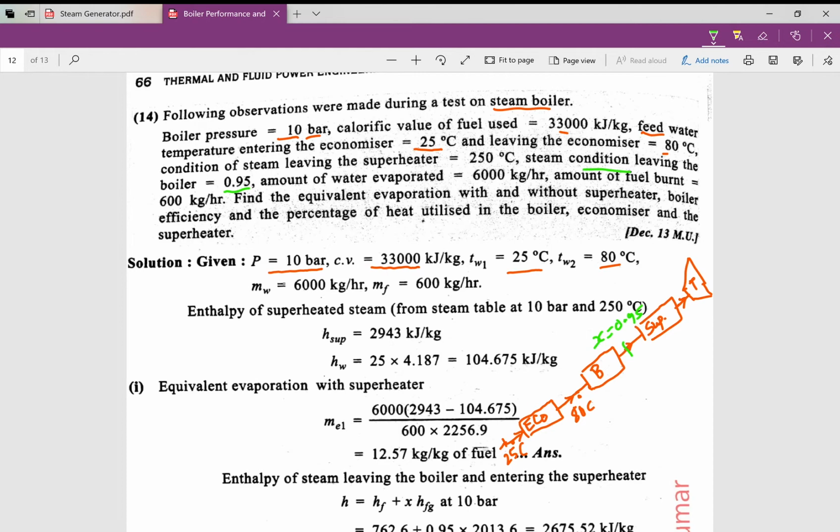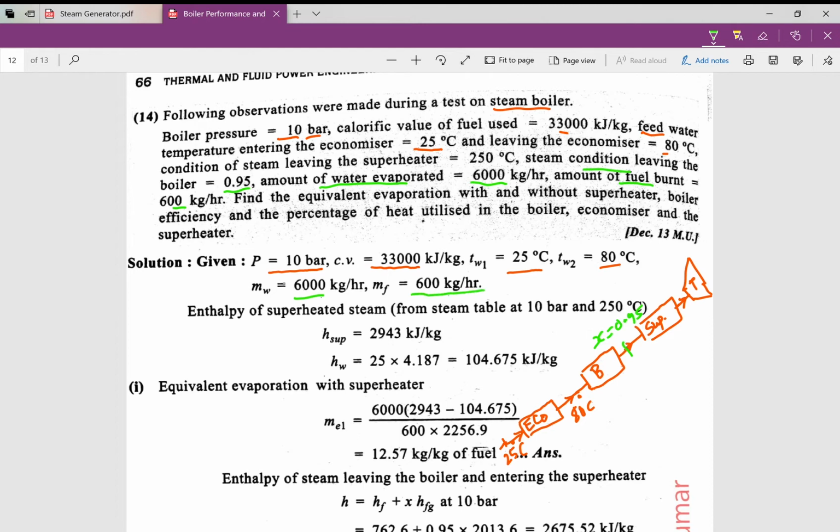Dryness fraction, that is quality of steam produced, is 0.95. Amount of water evaporated 6000 kg per hour. And amount of fuel burned 600 kg per hour. Okay.